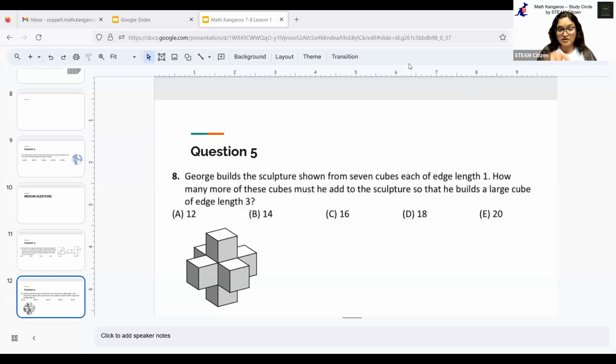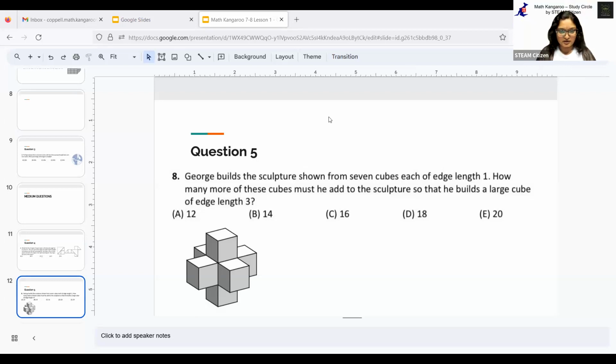But if they're going to ask a cube of edge length, let's say 5 or 7, then going down the path of how Deepali and Nishka were explaining, taking the cube and subtracting the existing number of cubes, that's the only way for you. It's good that you have those visual skills because those are very good to have in this exam. That's what is it called? The spatial awareness, yeah, visualization skills.